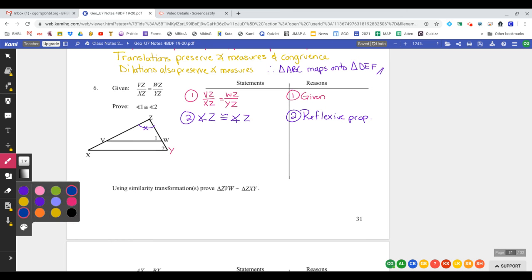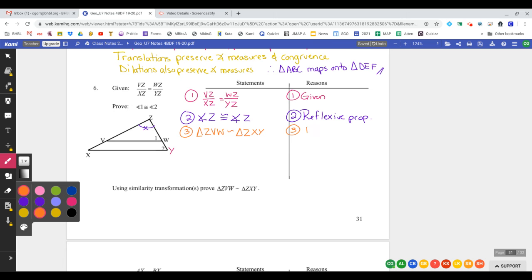Now that I know that that's reflexive, I know that my two triangles are similar to each other. So triangle ZVW is similar to triangle ZXY.